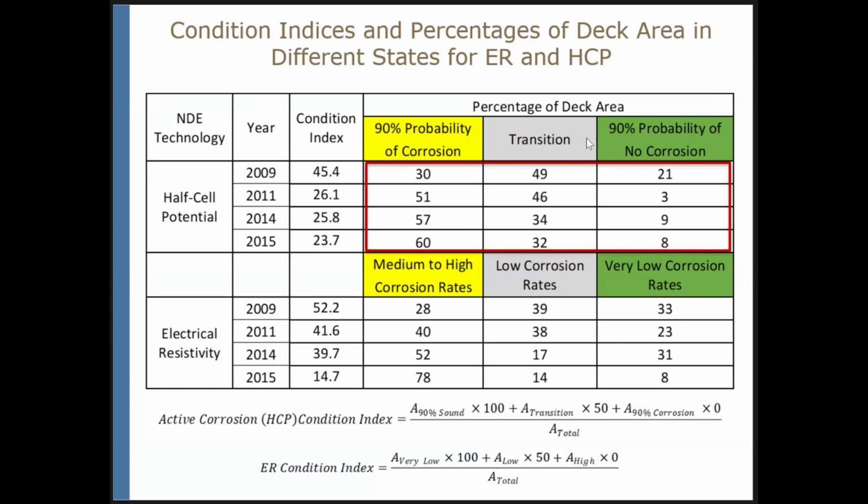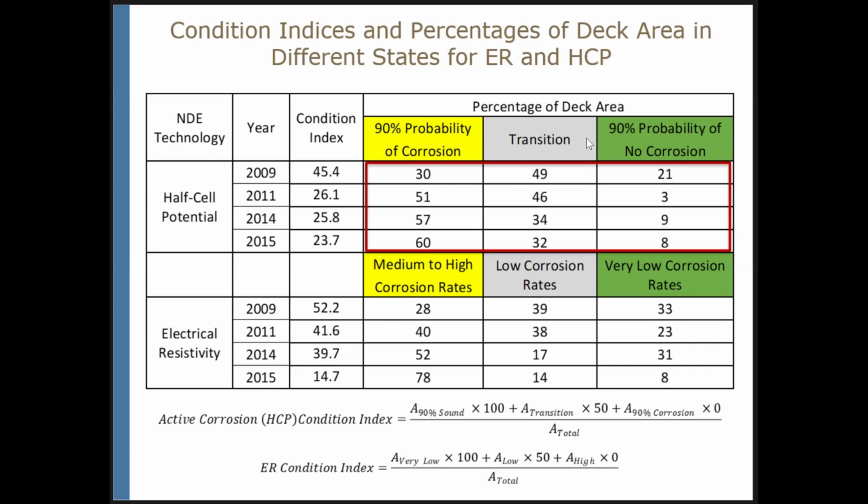So what you see here on the top, according to criteria from ASTM, are zones of this concrete bridge deck with 90% probability of active corrosion, something that is uncertain, so the transition zone, and the percentage of area with 90% probability of no active corrosion.